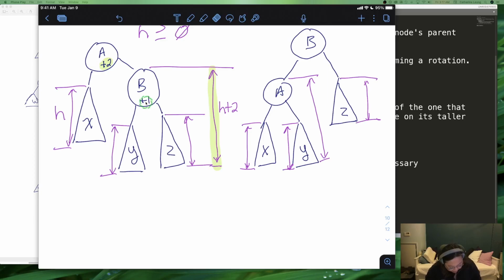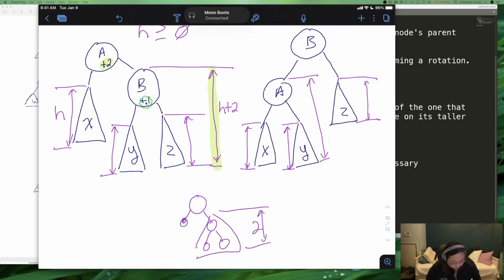So what I mean by that is that if I have a node here and this side has 2 nodes, so this subtree has 2 nodes, and this subtree only has 1 node, so 2 nodes tall, I should say, the height of 2, whereas this one only has a height of 1.